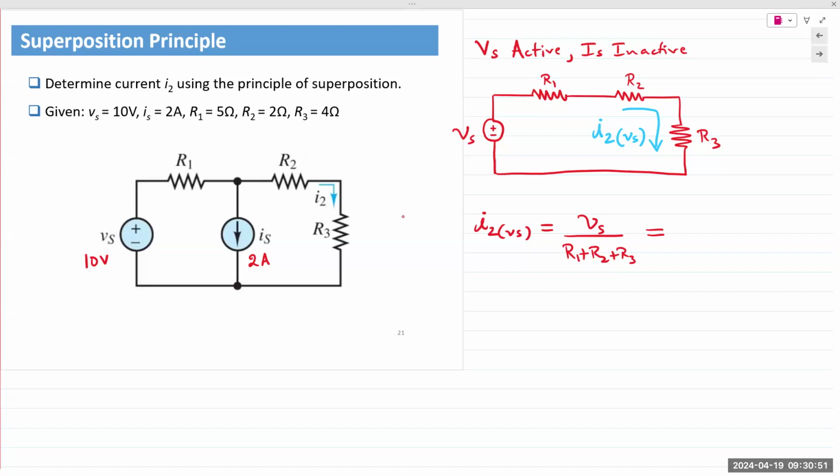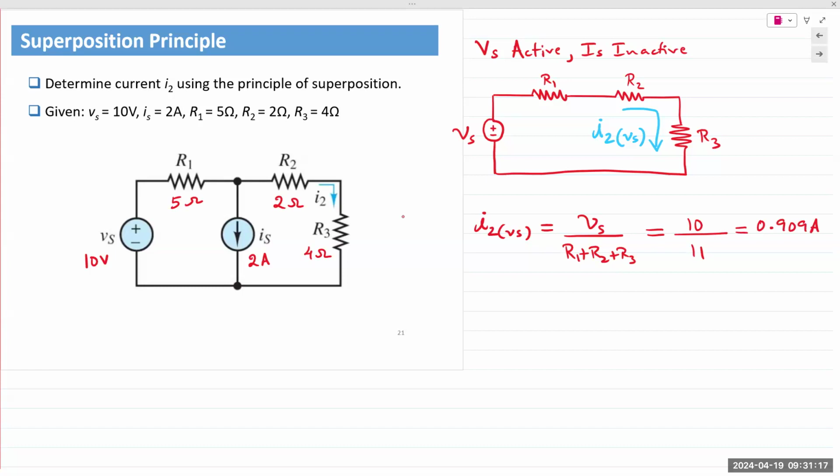And that's it. Vs is 10 volts, R1 plus R2 plus R3, which is, let's see, R1 is 5 ohms, 2 ohms, and 4 ohms. 7 and 4, 11. And the answer is 0.909 amps.